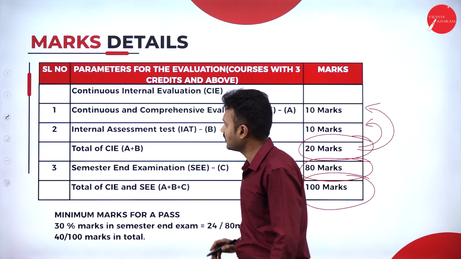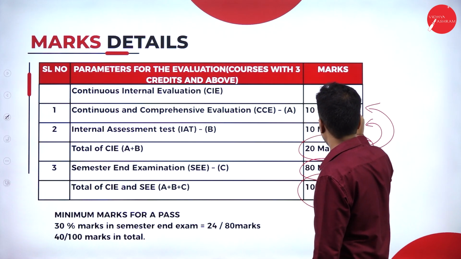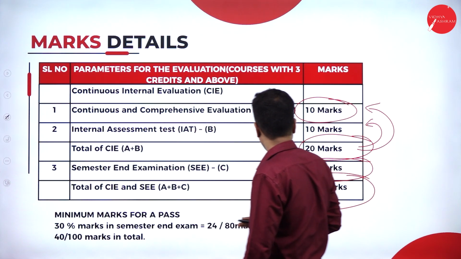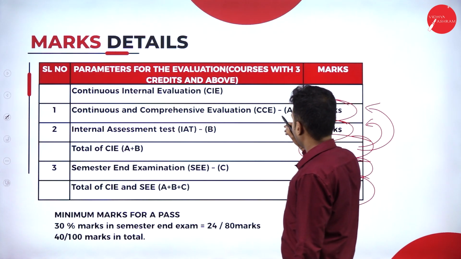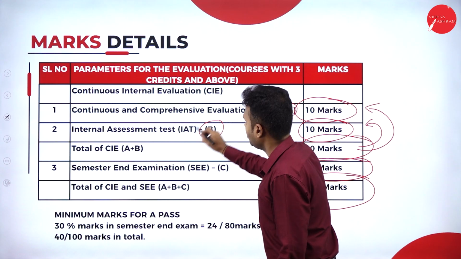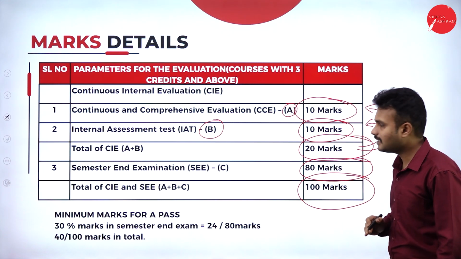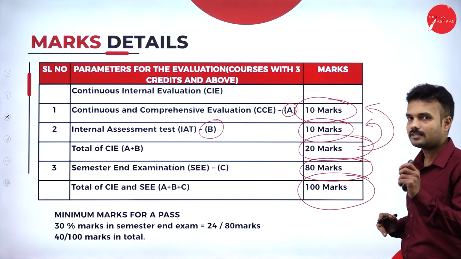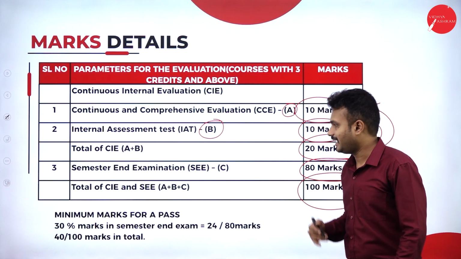The first one is the continuous and comprehensive evaluation for 10 marks, and the internal assessment test, that is part B, for 10 marks. Both part A and part B together form 20 marks for the internals and the remaining 80 marks for the externals, meaning you are going to write the exam for 80 marks.